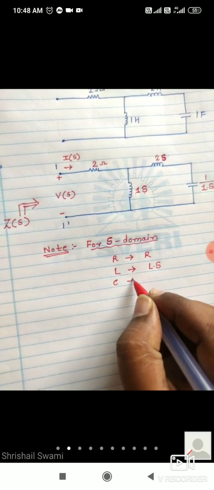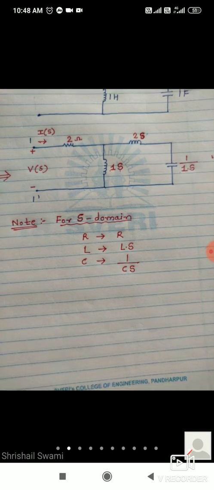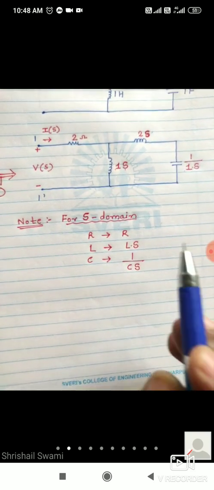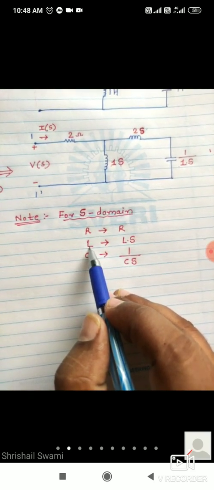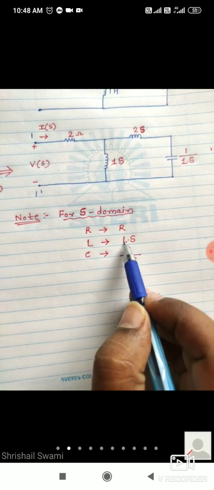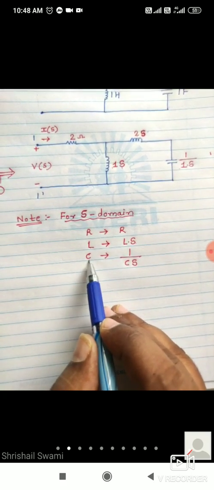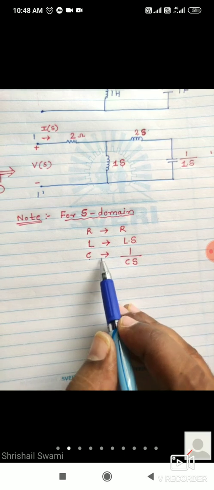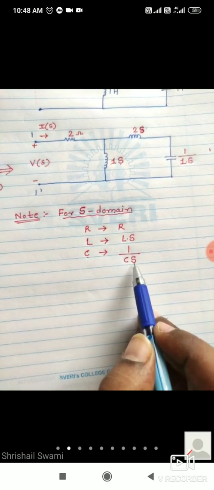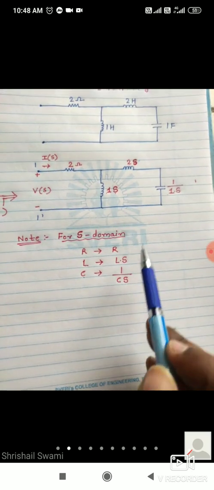For an inductor it is L into S, and for a capacitor it is 1 upon Cs. Remember this. R value you take as it is. If the inductor value is given, take L into S, and if a capacitor is connected, take the value of the capacitor as 1 upon C into S. According to that we have taken the values in the diagram.